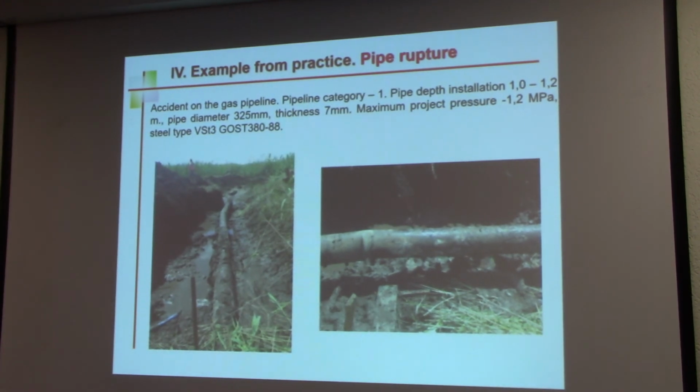Here is one example from practice. There was an accident on a gas pipeline. There was a burst. The first idea was that we had material degradation. We cut off some specimens from this pipeline and tested them, but there was no significant material degradation.